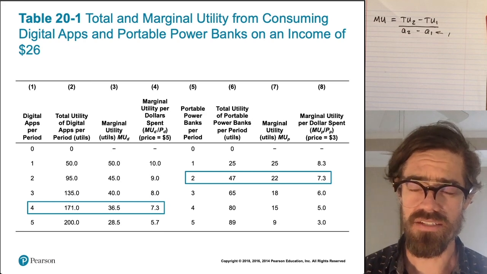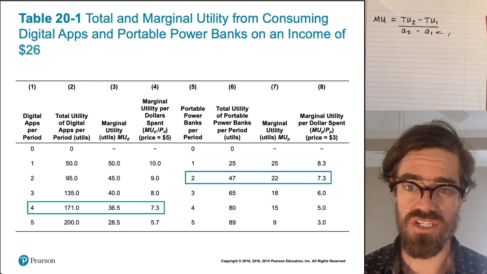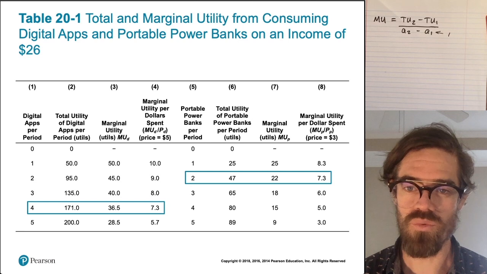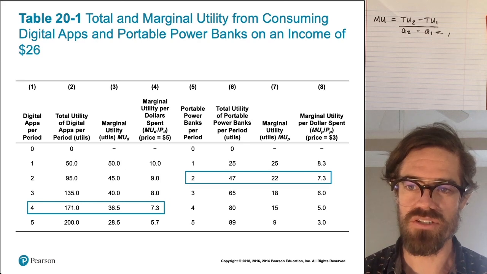We could calculate the marginal utility of each additional app as the change in total utility going from one app to the next. And then this last column is marginal utility per dollar.